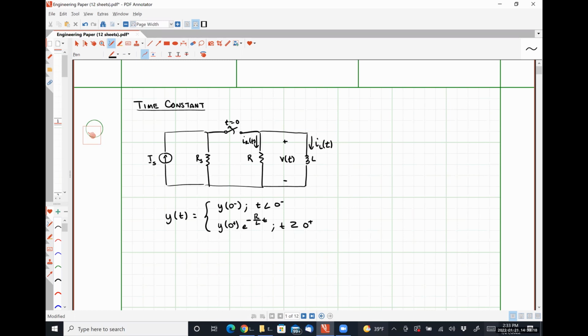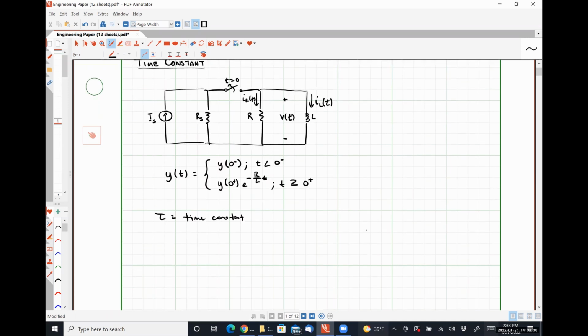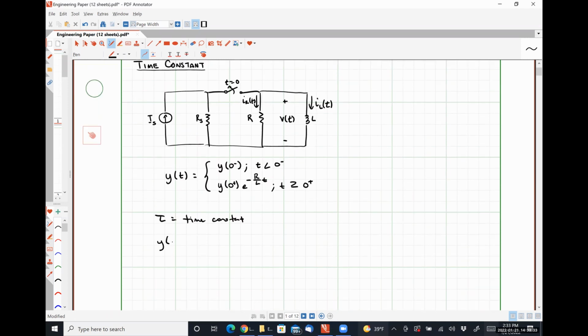A time constant tau is defined as such: y of tau is equal to y at 0 plus times e to the minus 1. So effectively, a time constant is just a measure of how long it takes for the signal to decay to a very specific value.